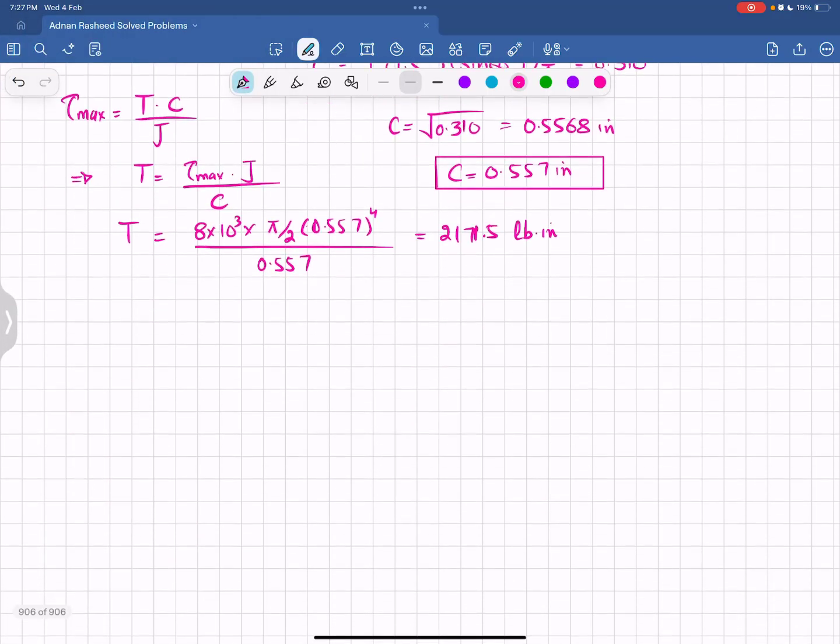Okay, so I can write it: allowable torque on a circular shaft of same material is this much.